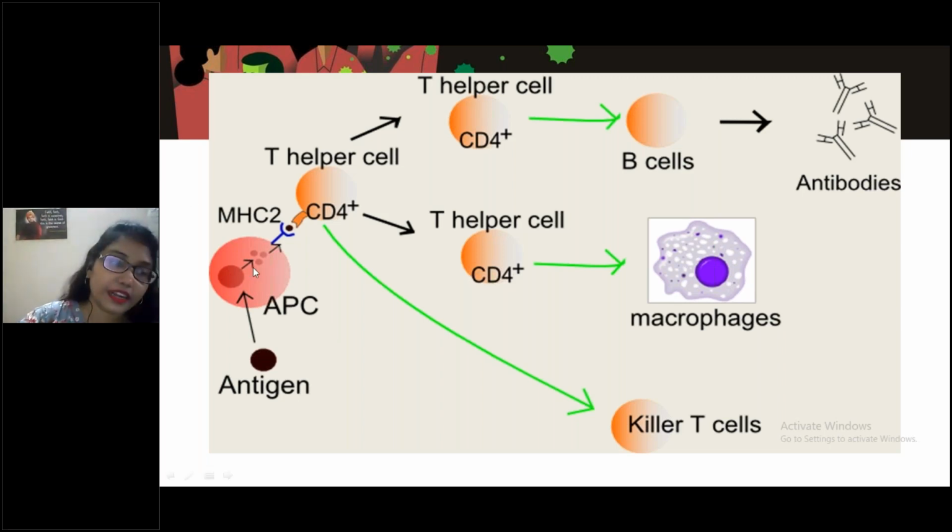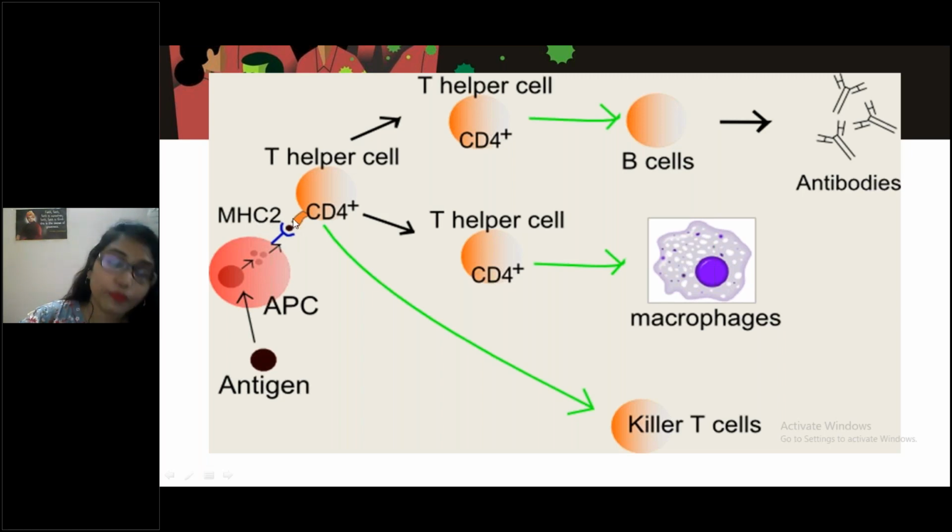Here you can see this antigen is cleaved, cut into different pieces, and then presented. Somebody has to tell the T cells that this particular antigen has arrived. So this antigen presenting cell, which can be a macrophage or any other cell, presents through MHC2.